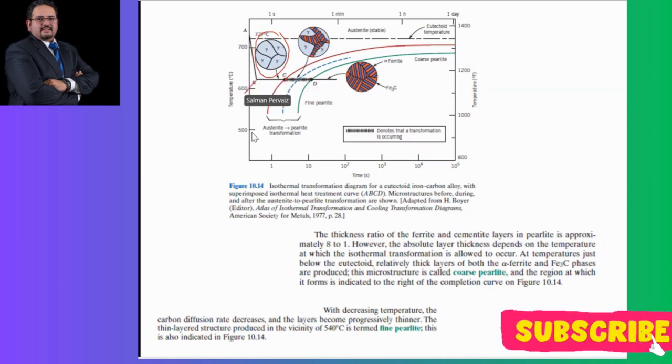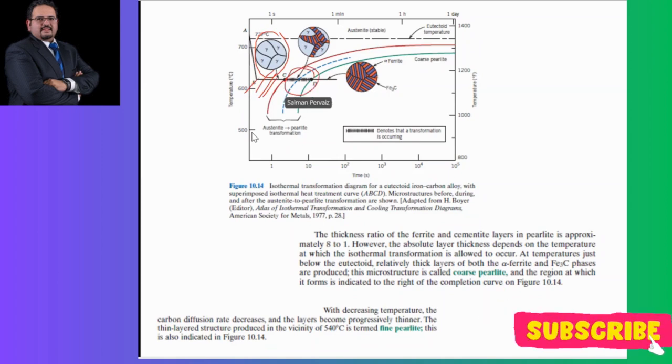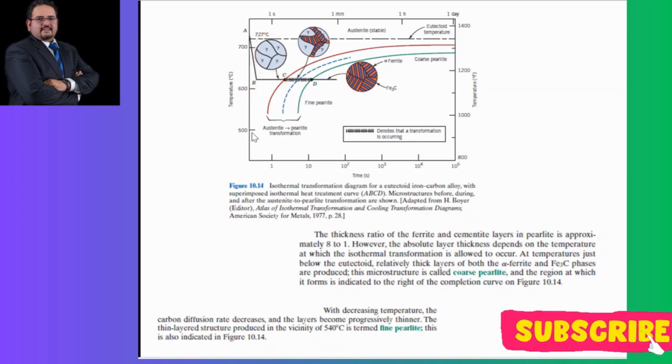That's why I'm calling this unstable, because it will pass through this region. The idea of calling it unstable is that it has to cross this transformation curve. I cannot keep it there for that small time. The time has to go forward with that temperature, and the moment the time goes, it will cross this transformation curve, and this transformation will complete.